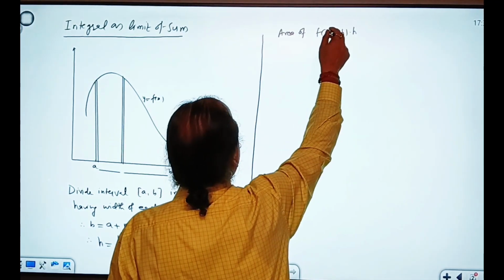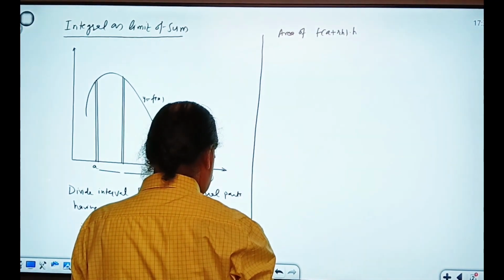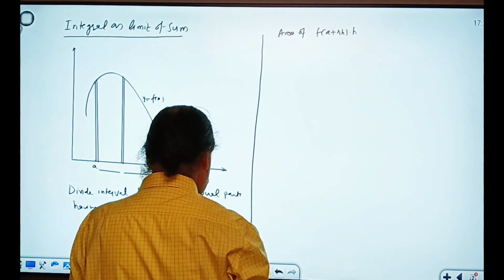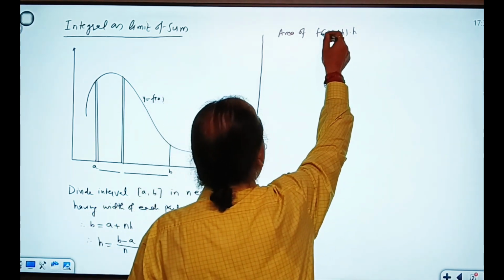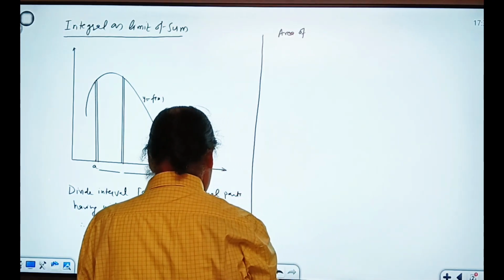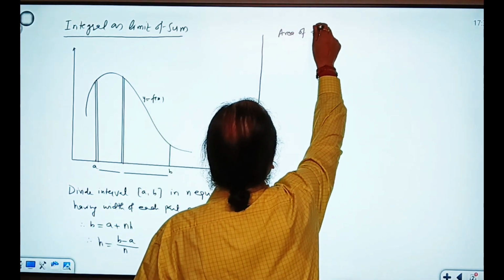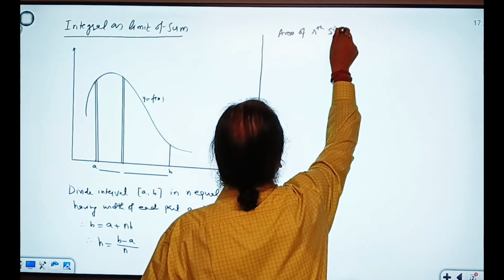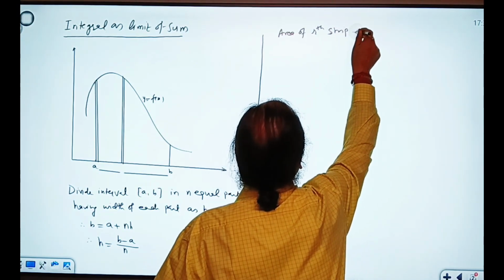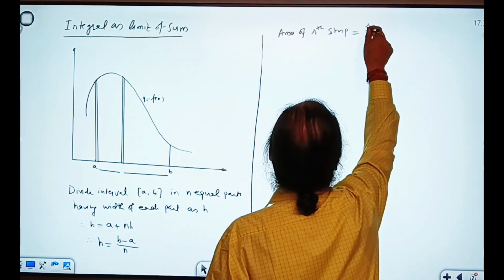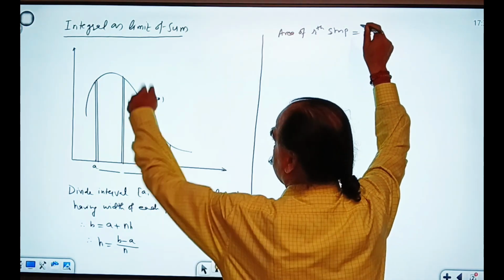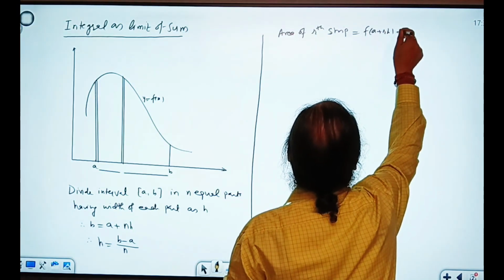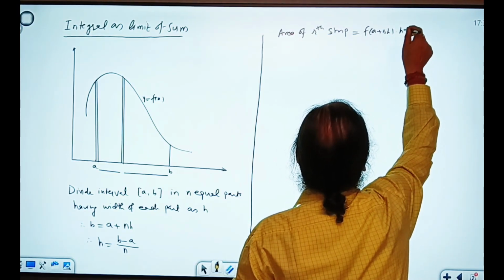Therefore, area of the rth strip is equal to length f of (a plus rh), and breadth is h.